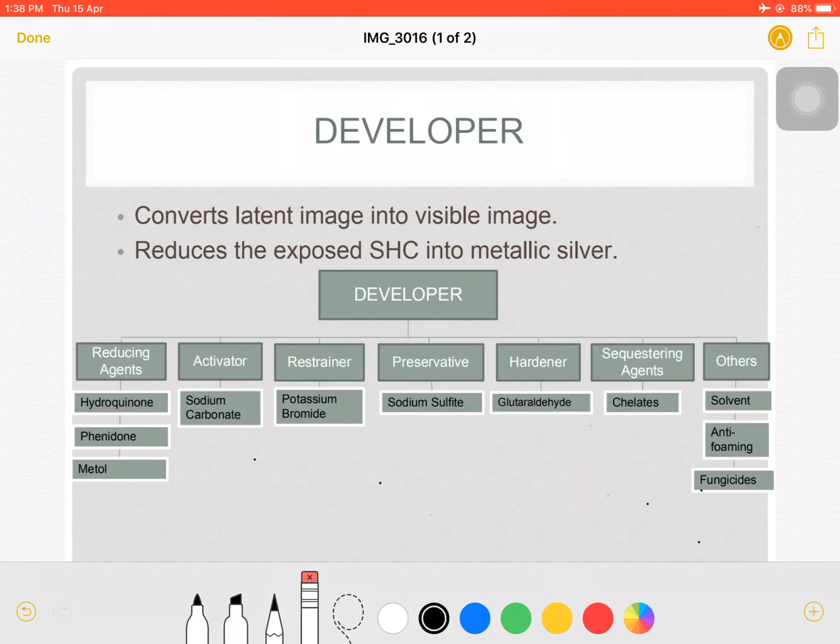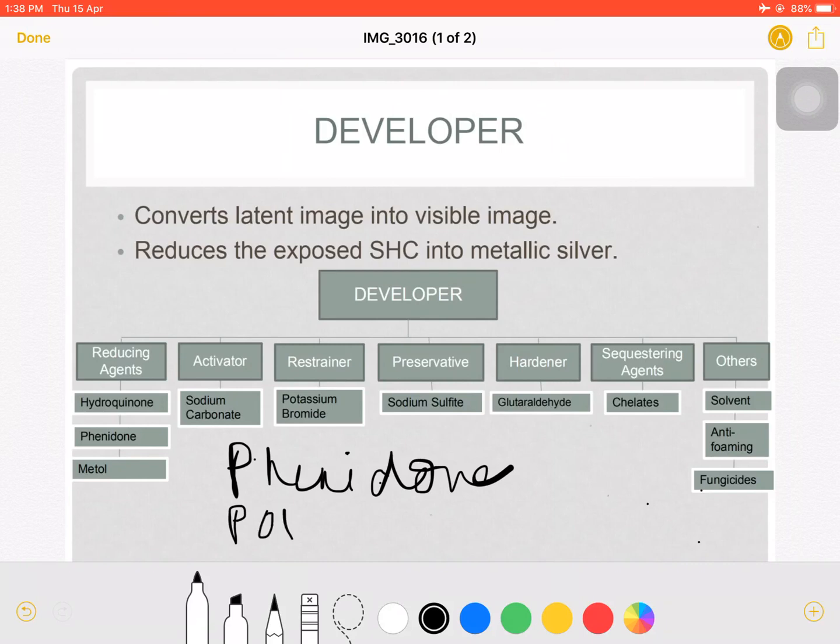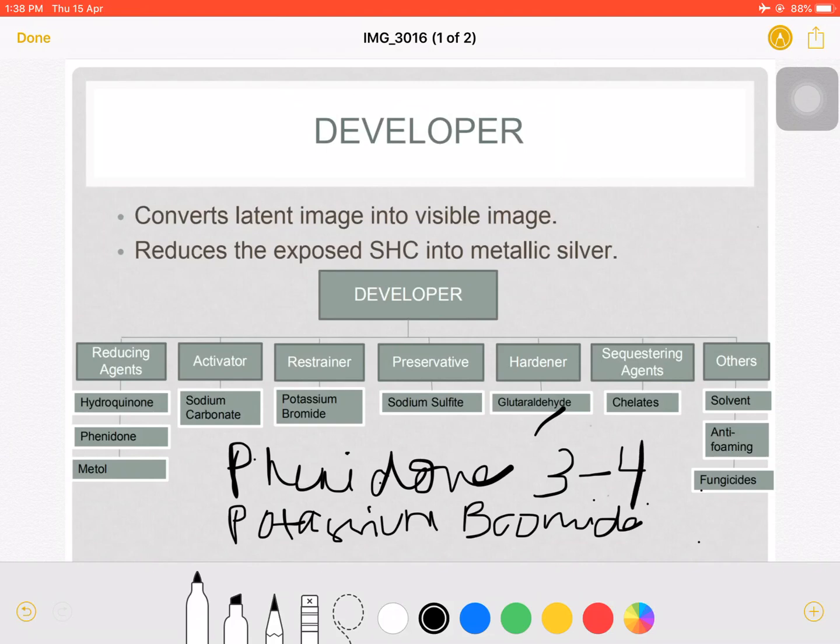Ang isa dyan is the phenidone, next is the potassium bromide, and our hardener, which is glutaraldehyde. Those are the boric acids para maging stabilize ang ating alkali solution. Mag-promote ng equilibrium sa ating chemicals. So, ang pH level nito, ating preservative, restrainer, and hardener is 3 to 4. These are acid in our developer solution.